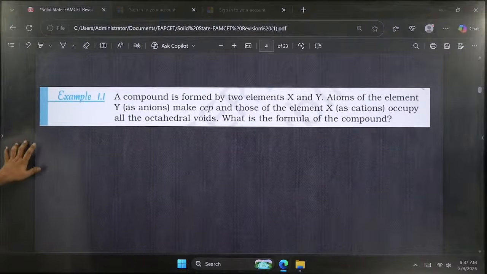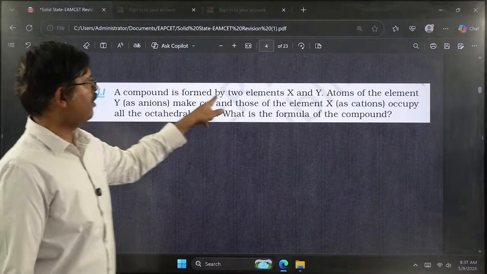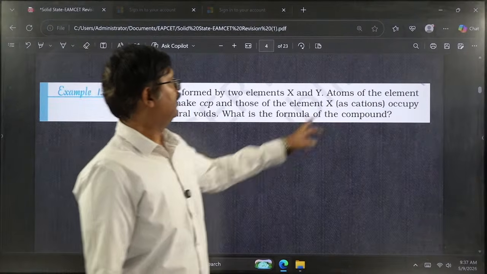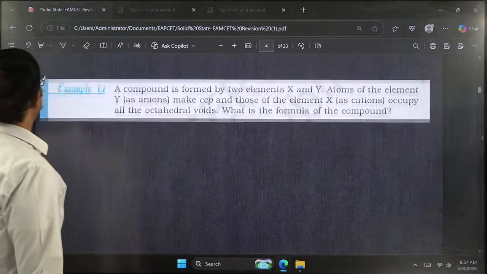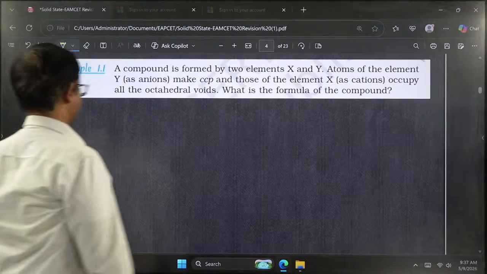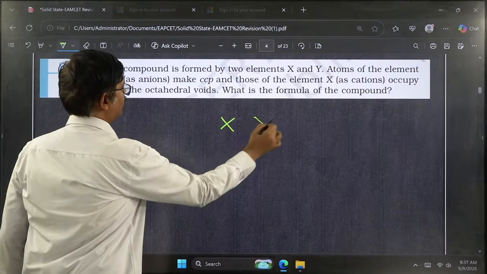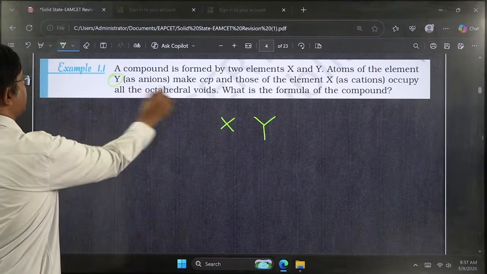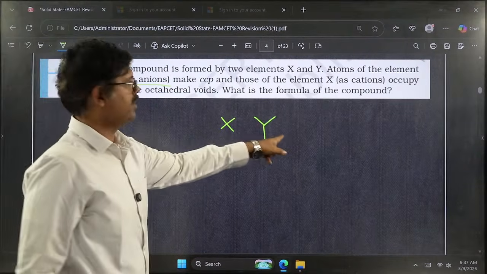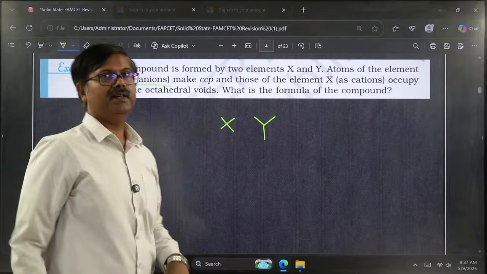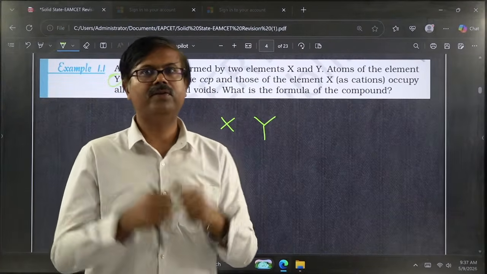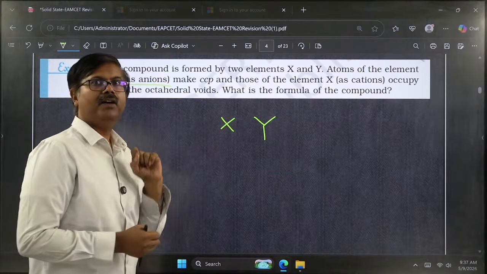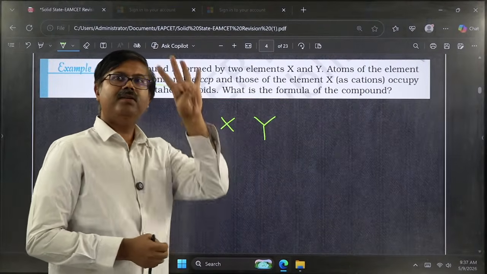Okay. Now see, a compound is formed by two elements X and Y. Atoms of the element Y as anions make CCP. They are creating the cubic close packing or face-centered cubic structure. So per unit cell, how many Y atoms will be there? 4.